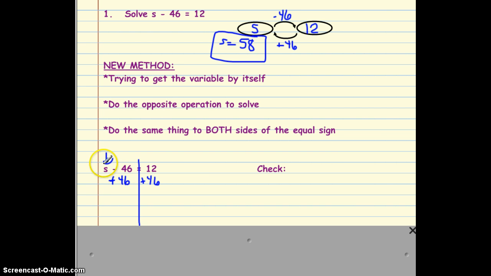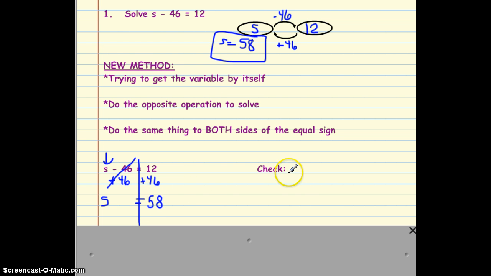Now we do the math. Let's see, we've got our s. What's minus 46 plus 46? Correct, it's 0. This is now gone. We still have our equal sign, and 12 plus 46, as we know from up above, is 58. So we get the same answer, just with the new method.